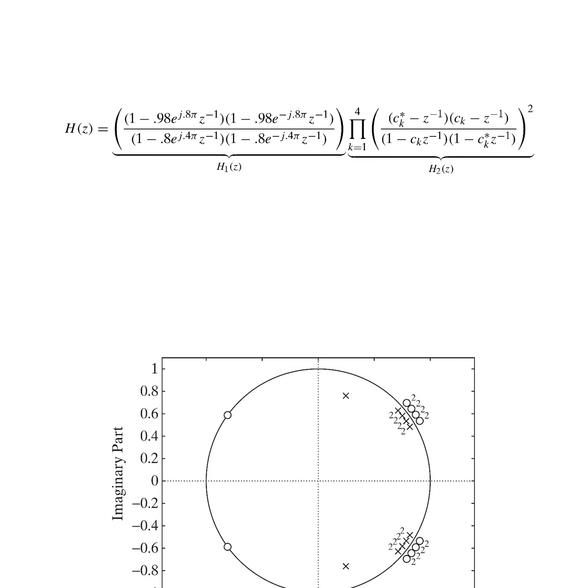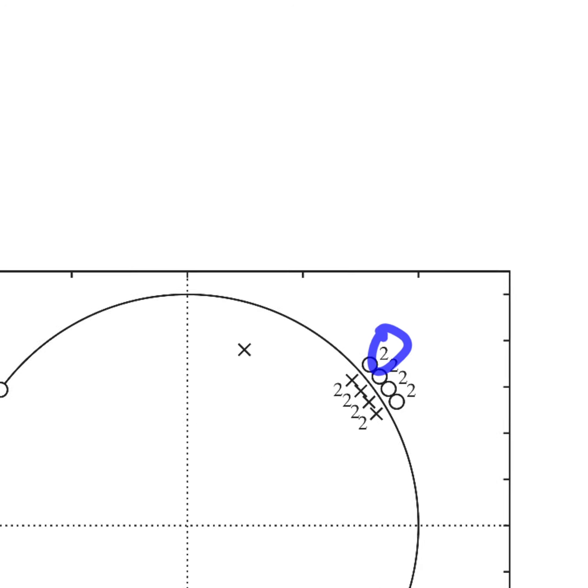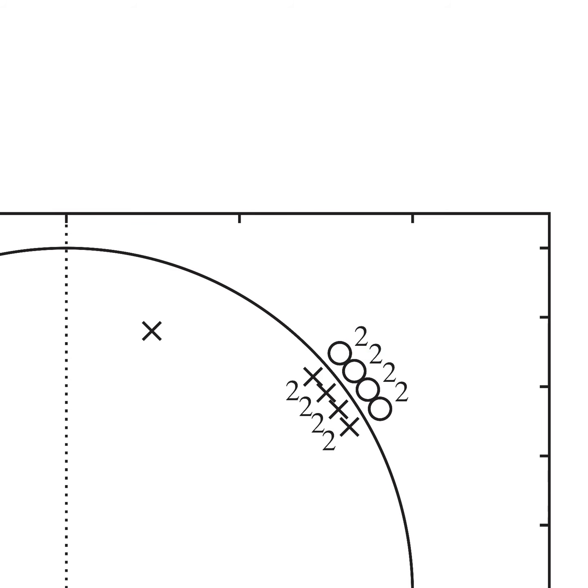This H1 of z, like I said, has two poles and two zeros, and these are complex conjugate poles and zeros. Now the rest, H2 of z, is denoted by this, where you have multiple poles and zeros. The number 2 you are seeing here means you have two zeros located at this position.